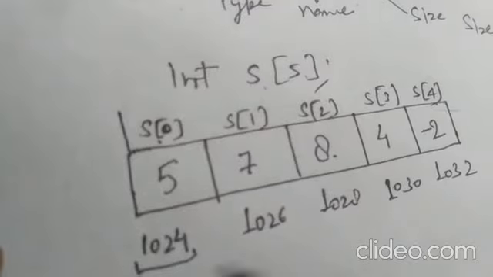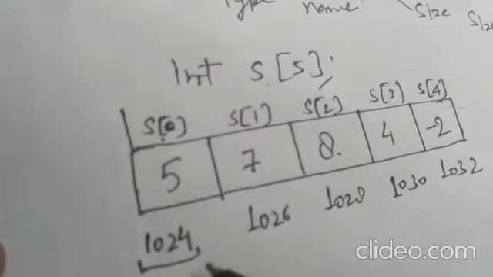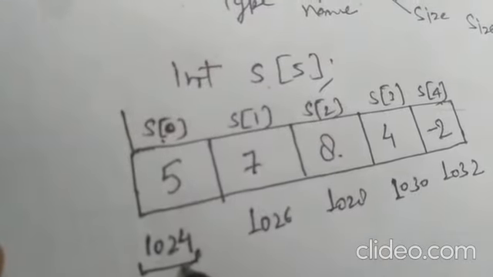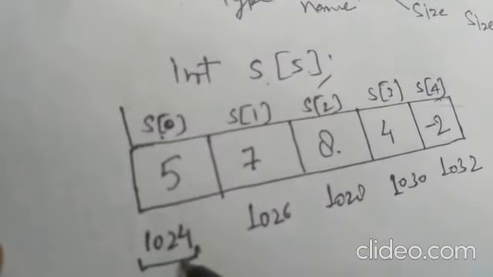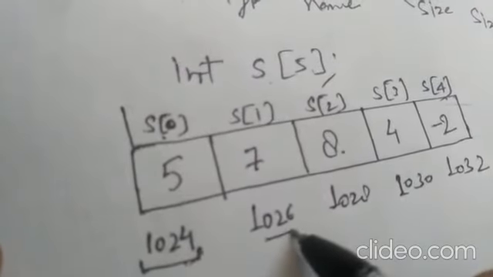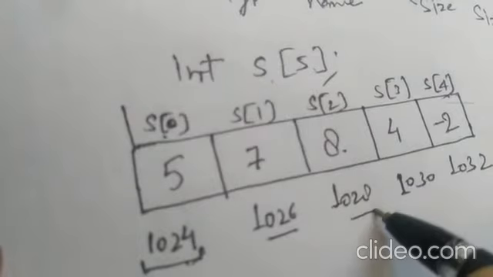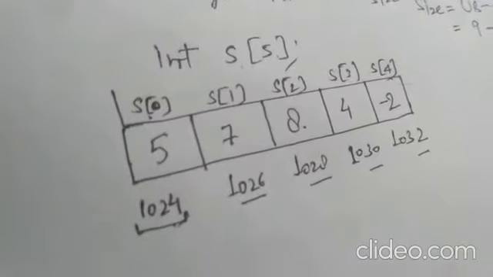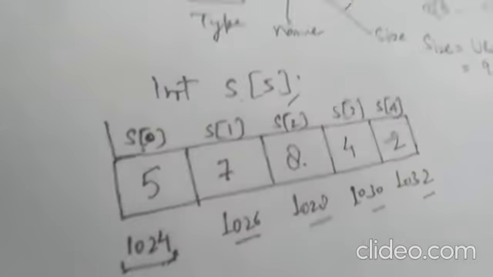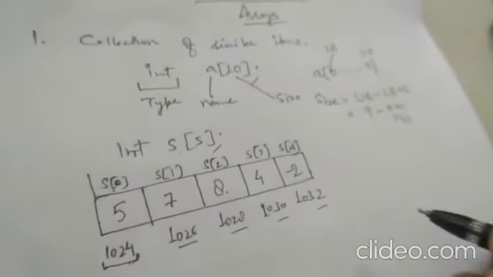Right? So that's a contiguous memory location. We are sure that after the first element at 1024, the second will be 2 bytes apart, that means at 1026, the next 2 bytes after, and again after 2 bytes. This proves that array memory locations are contiguous in nature.